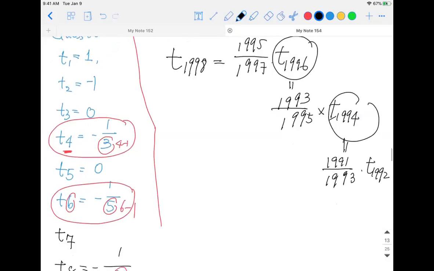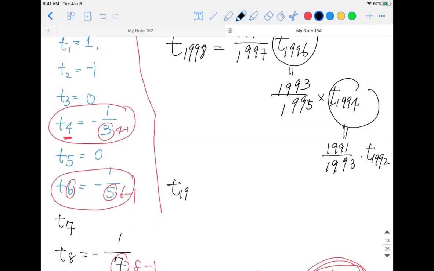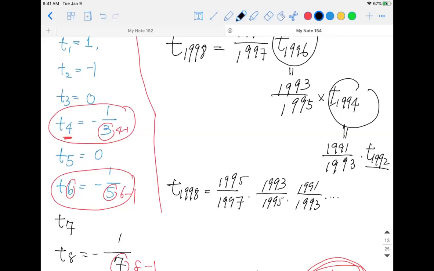So that being said, T1998 will be written as, I'm just going to put everything together, 1997 times 1993 times 1995 times 1991 times 1993. I can keep writing this all the way down to T2. This is like iteration, right? They can iterate all the way to T2.